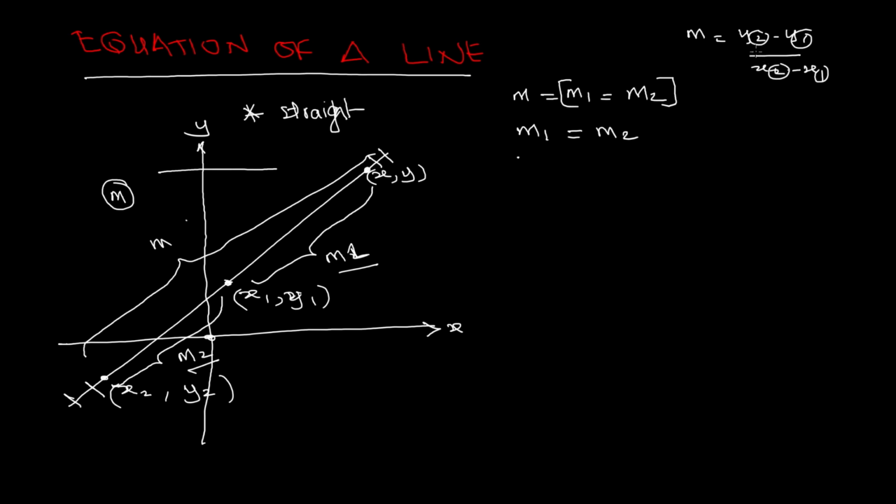If you mix up and say Y2 minus Y1 and then X1 minus X2, your gradient will have a wrong sign. So now here, we start from here, going down: Y minus, the next point is Y1, over X minus X1. We make sure we're doing the right thing.